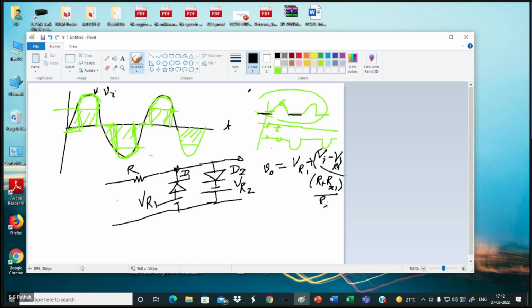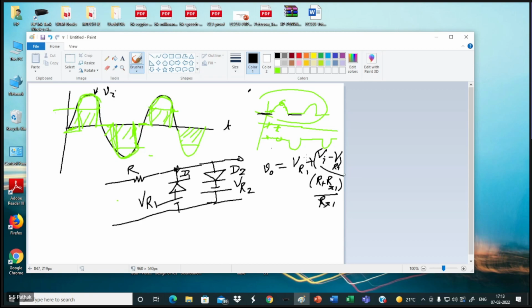If RR1 is very large, reverse bias condition, this will become your 1. So VR1 plus Vi minus VR1 becomes your Vi. So V naught becomes equal to Vi, no attenuation.